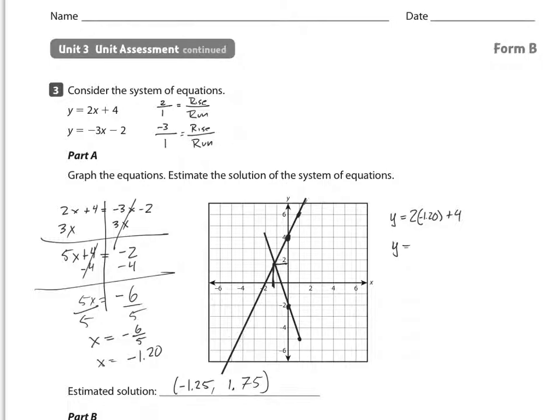So that's going to give you negative 2.40 plus 4. And your answer is going to be positive 1.6. Okay, we're off by about 0.15, which is totally acceptable.